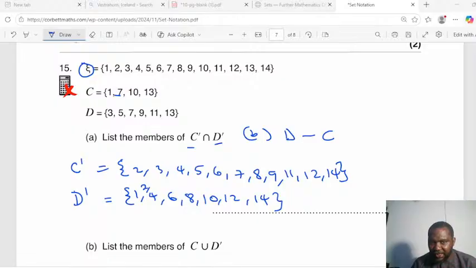Okay, so look at that. D complement. Do you agree with me? Do you agree with me for D complement?